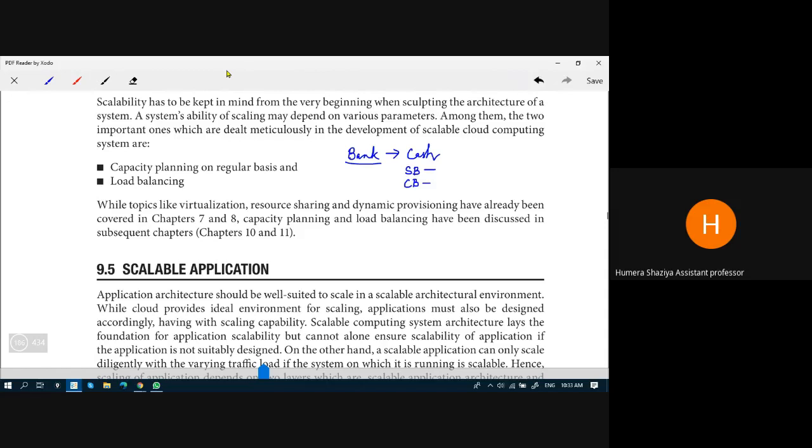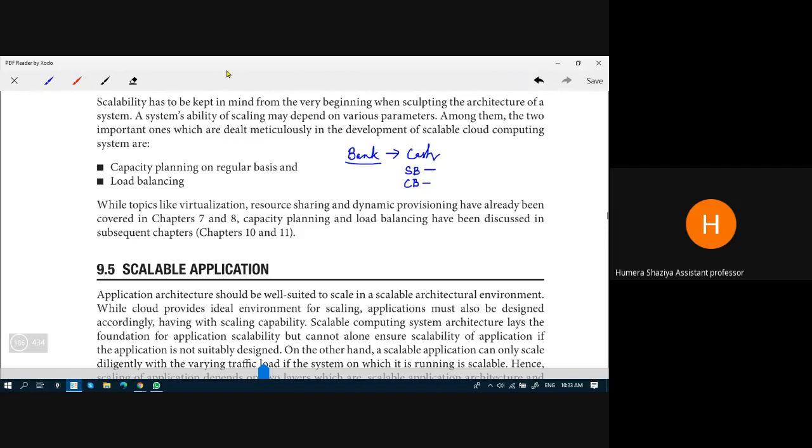Like this type of certain limitations are there, and based on the everyday's transactions, bank can plan ahead how much cash to be put at cash. So like that, cloud system must also do capacity planning and load balancing.